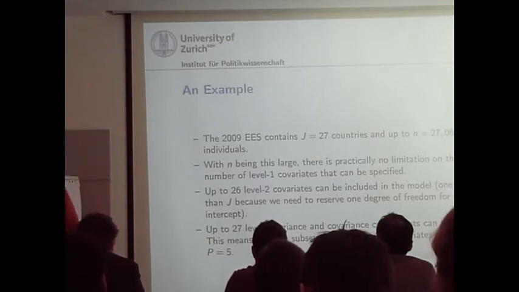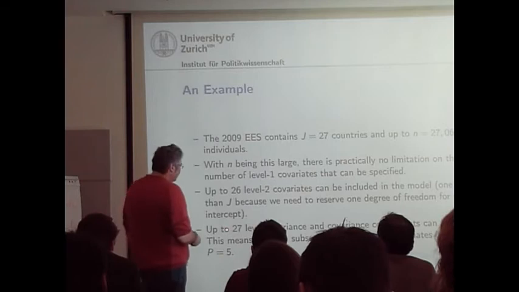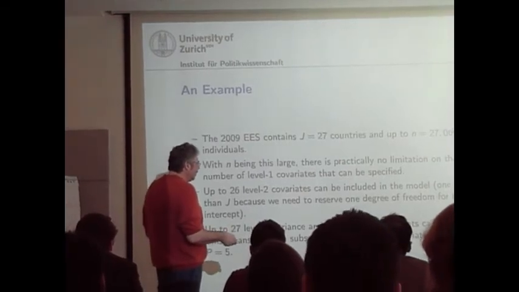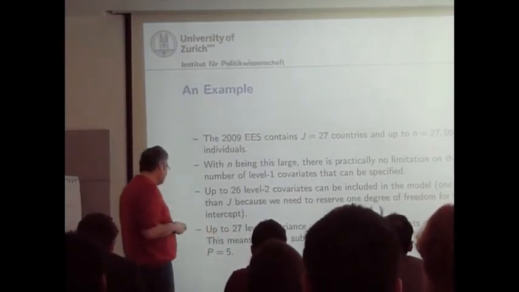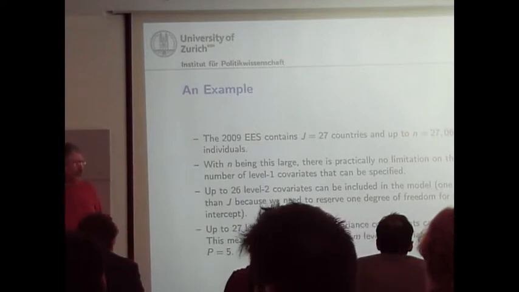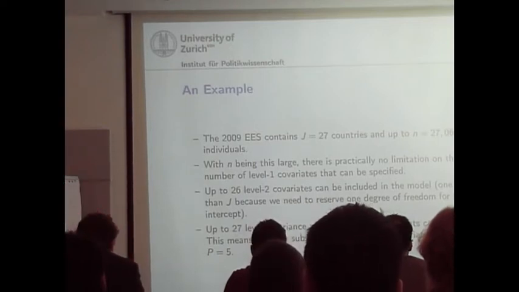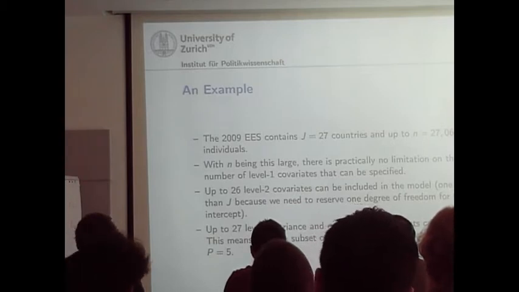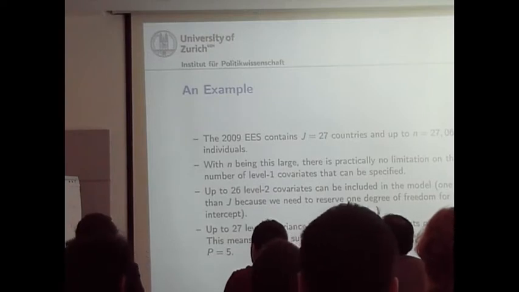And then we've depleted all of the degrees of freedom. And up to 27 level 2 variance and covariance components can be specified. It means that you can really only specify random effects for about 5 predictors plus an intercept. Then we run out of degrees of freedom.